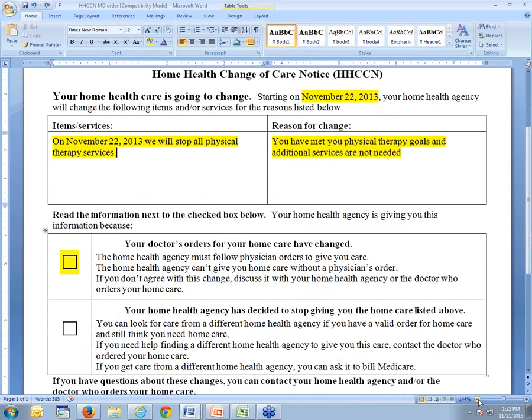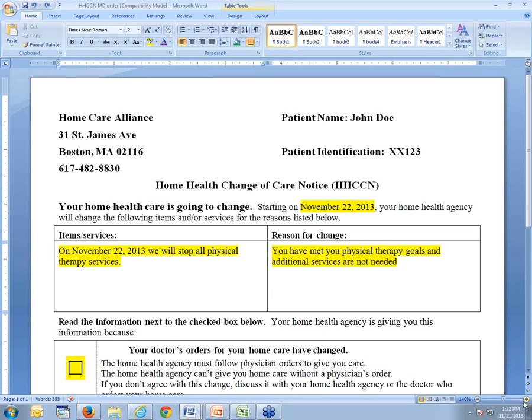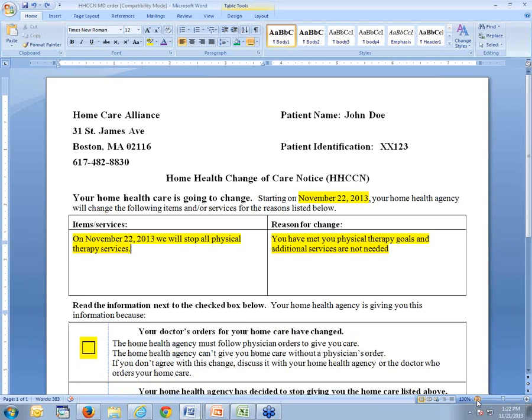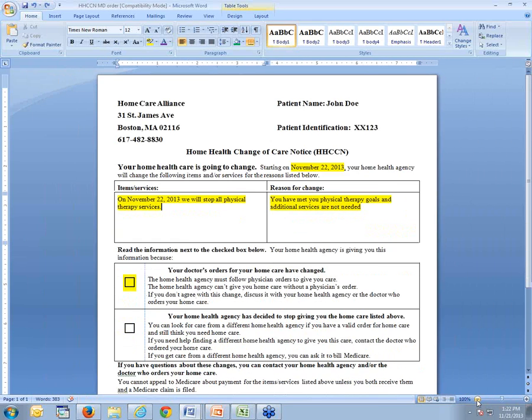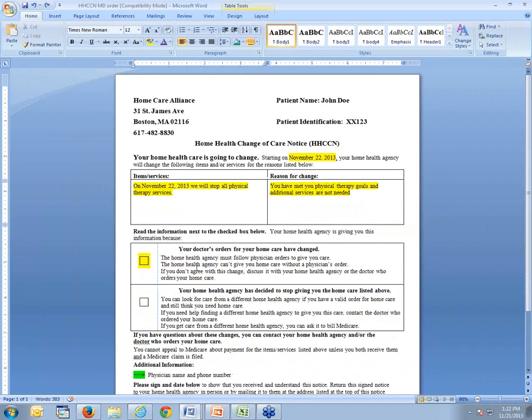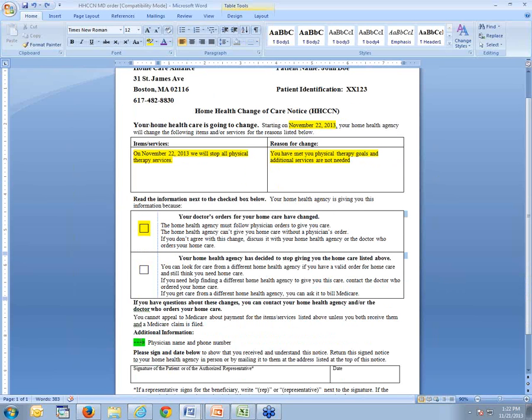And again, the regulations say that the patient should read this for understanding. And then I probably would put the doctor's name and phone number in the additional information section. Then once you explain all this to the patient, they would sign and then date the form.